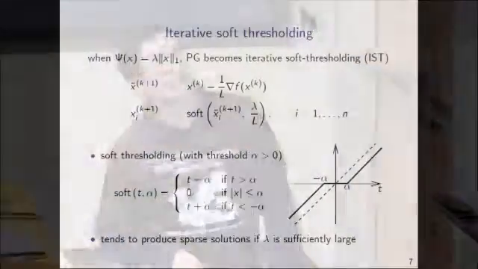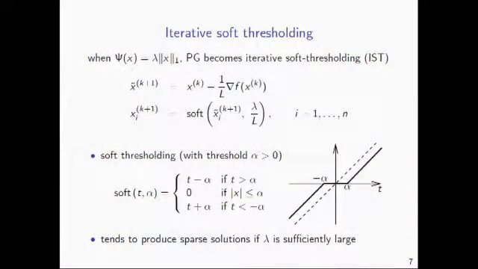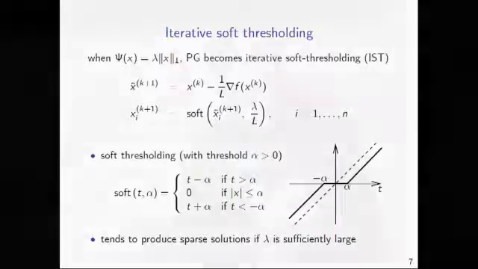And for the L1 case, the solution is given by the so-called iterative soft thresholding. So basically, you first pretend you are going to do a gradient step with step size 1 over L, and then you take each component of this vector and pass it through the soft thresholding operator.